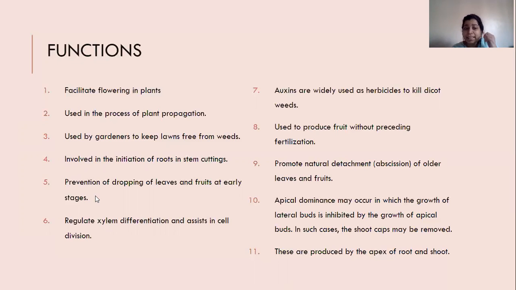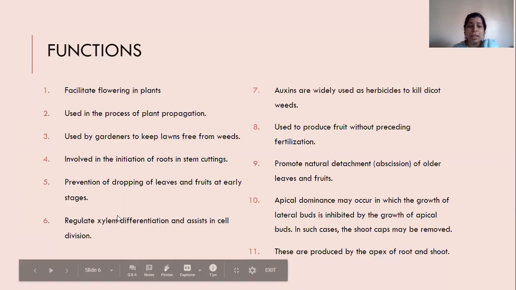Sometimes you see plants grow to a certain extent, and then the leaves and fruits start decaying and fall to the ground. If the plant is not able to make its own auxin, and you spray or put the powder of the auxin hormone, it prevents dropping of leaves and fruits at early stages.